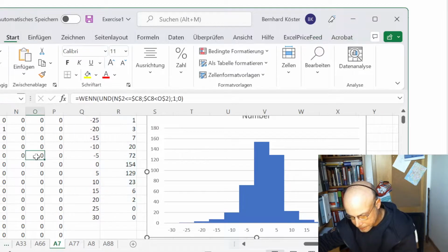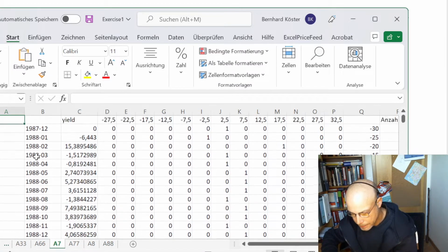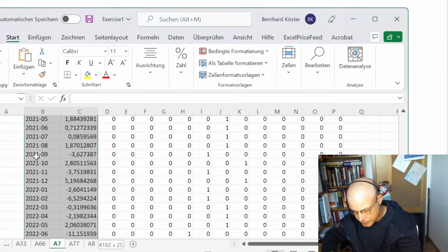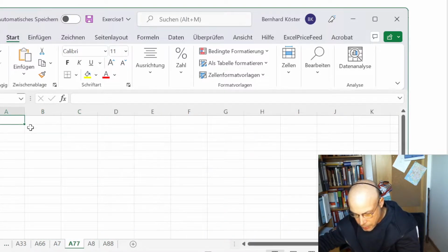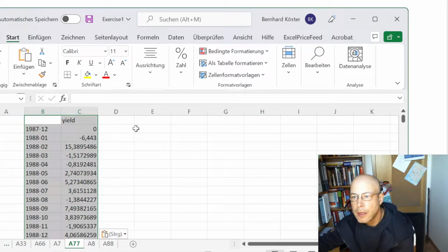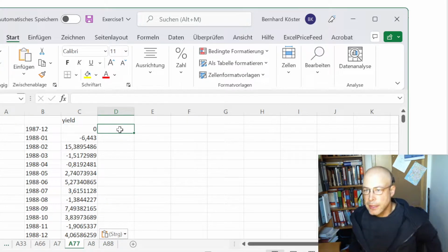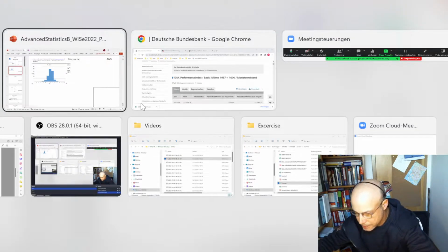Well, we take the yields, let's go to a new sheet. And if we have these yields, then we need our formula for skewness.